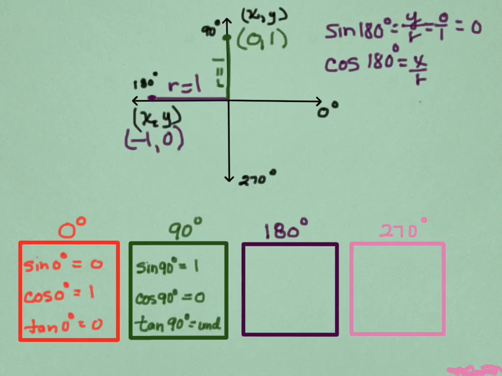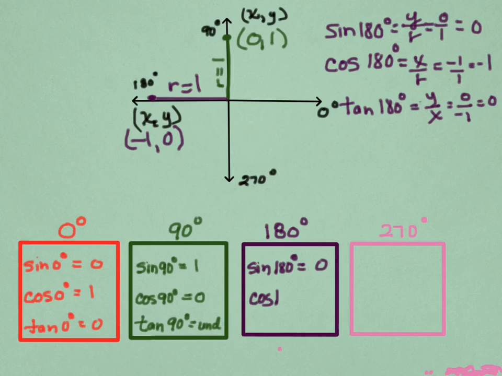Cosine of 180 is x over r. x is -1, r is 1, so it's -1 over 1, which is -1. And our tangent of 180 is y over x, which is 0 over -1, which is 0. So there we have sine, cosine, and tangent of 180. Let's put that down here into our box.